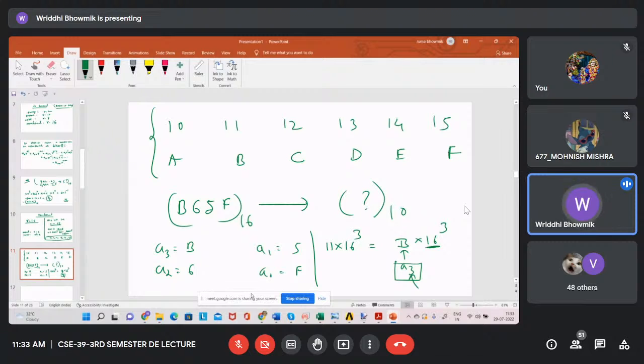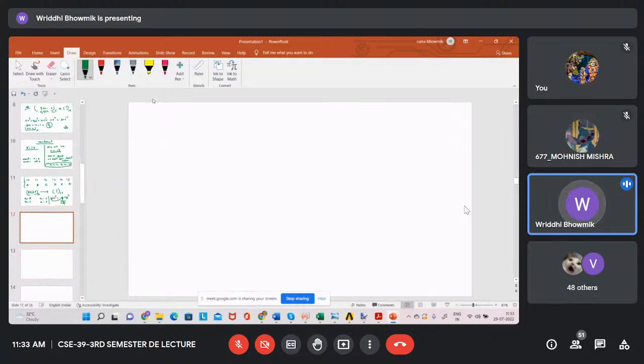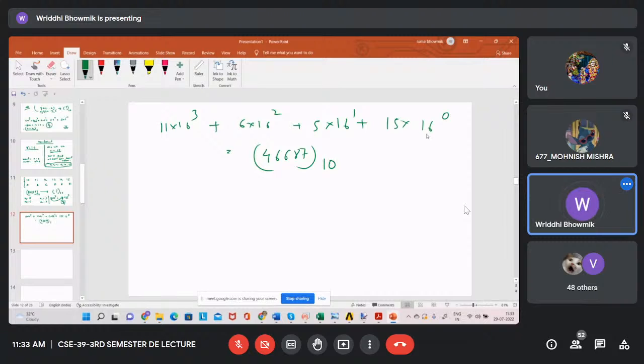But when you are doing the calculation, you have to take the exact value of B, which is 11. So that is why I have written 11 into 16 cube. So 11 into 16 cube plus 6 into 16 square plus 5 into 16 to the power 1 plus F. Now what is F? F means 15. So 15 into 16 to the power 0. If you do this calculation, you will have 46687 base 10.